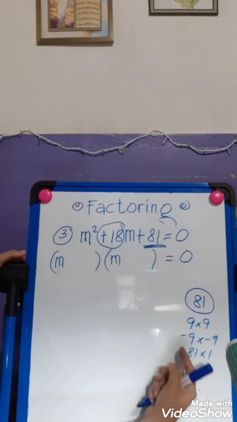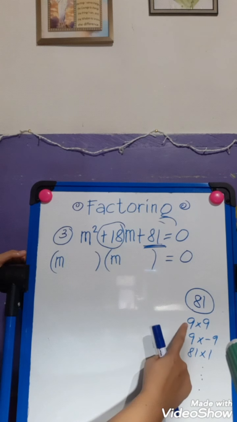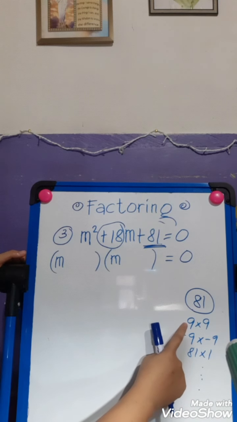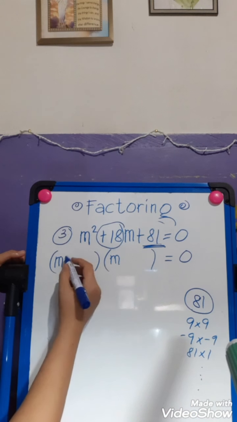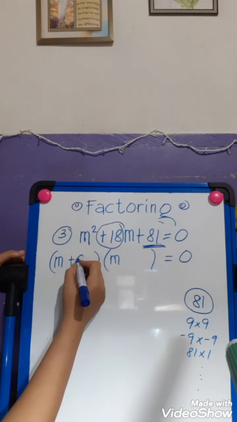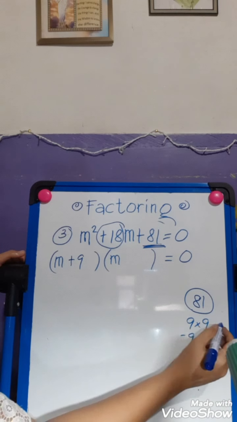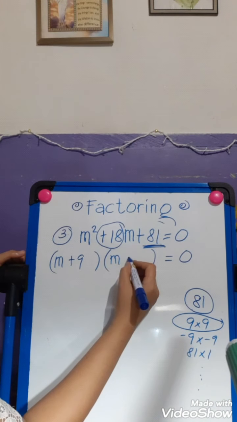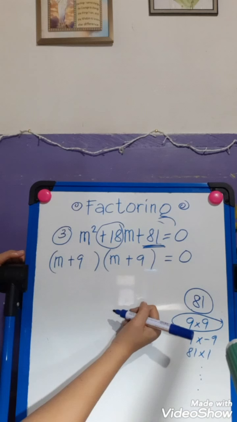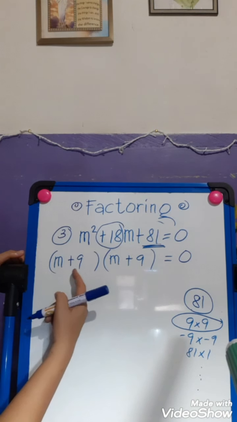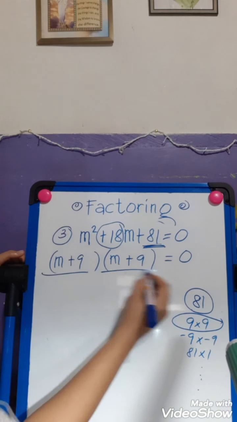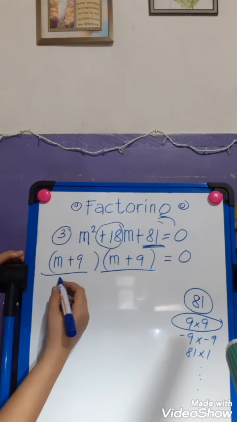So obviously that's the first one. So 9 plus 9 is 18. So we will use positive 9, positive man, and another positive 9. So by zero product property, we will equate both the equations to 0.